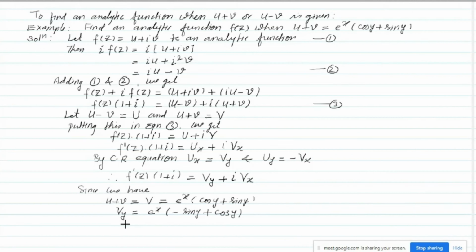Now we differentiate V partially with respect to x. This time the term cos y plus sin y is constant, so the derivative of e raised to x is e raised to x, and cos y plus sin y as it is.